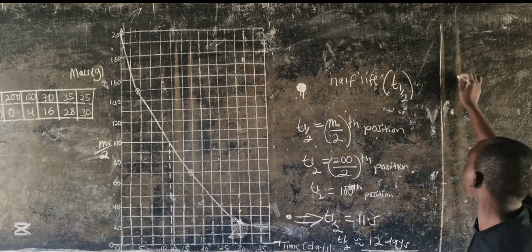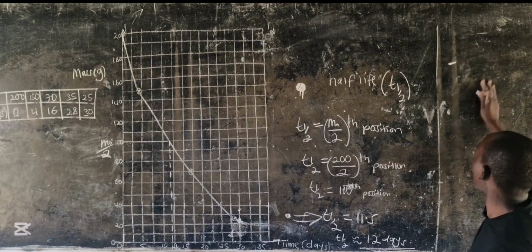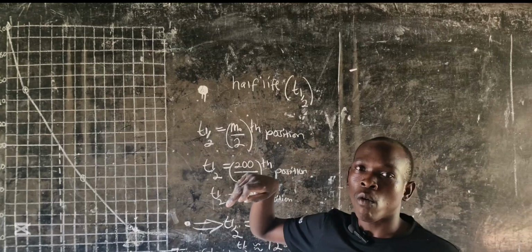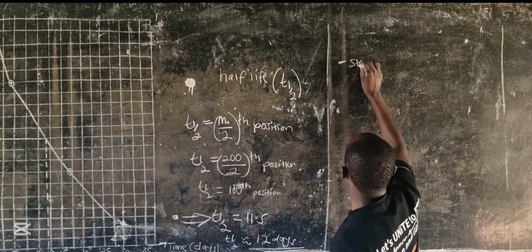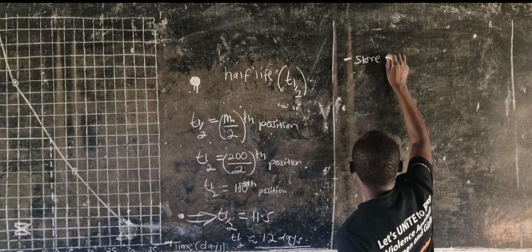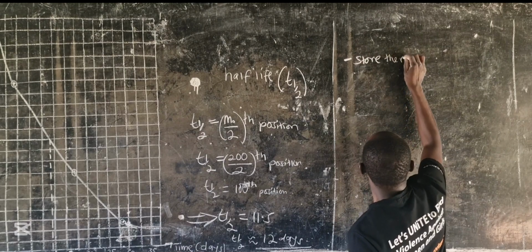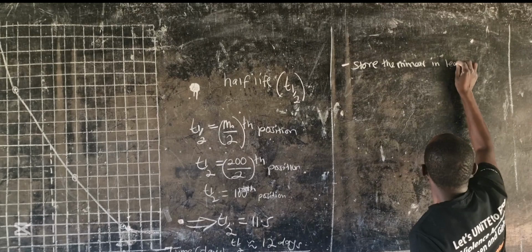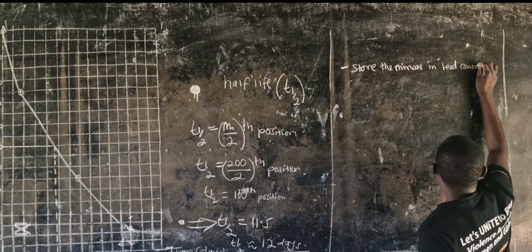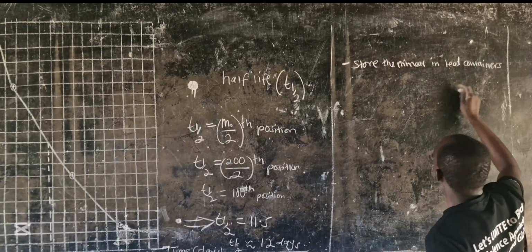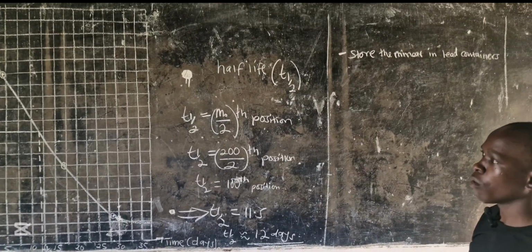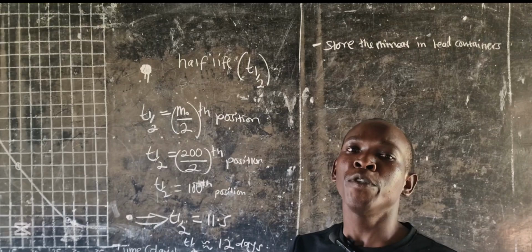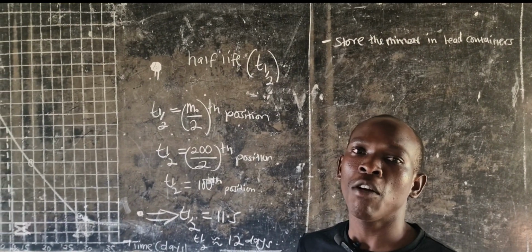So, one way, we can store the mineral in lead containers. Why do we use lead? Lead absorbs all the radiations, the alpha, gamma, and beta.